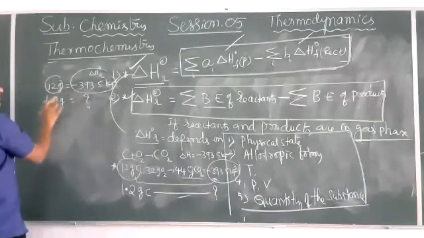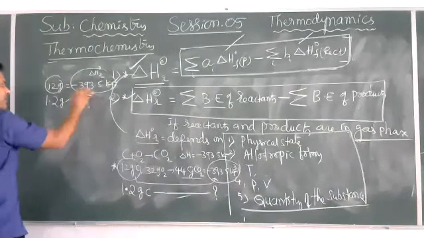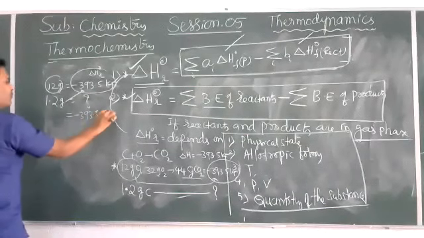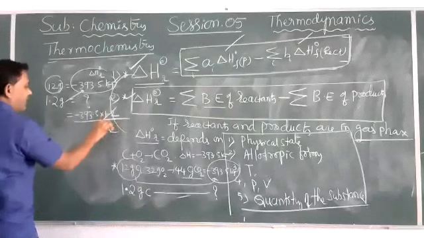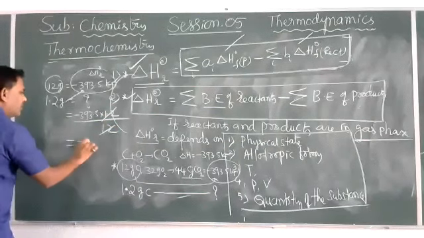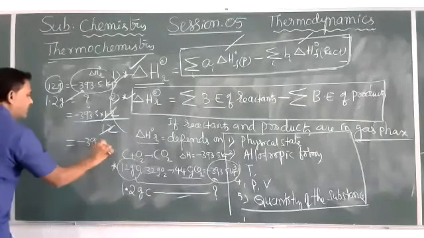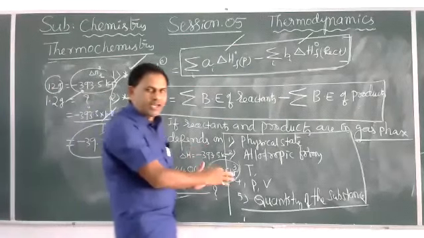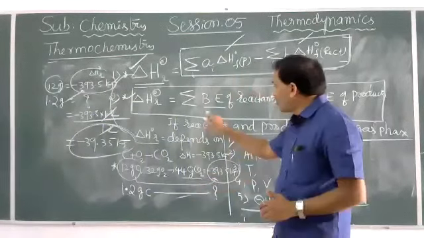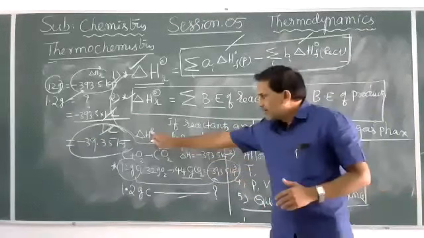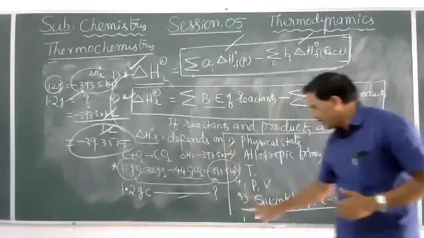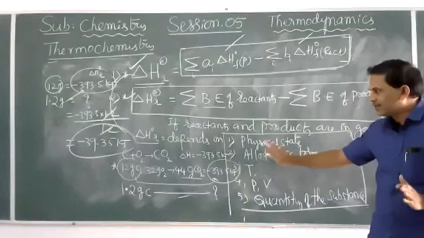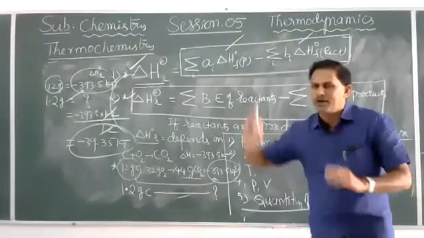For 12 grams this much, for 1.2 grams, cross multiply: 393.5 into 1.2 divided by 12, that is minus 39.35 kilojoules. The amount of heat liberated is less. So the delta H naught R value depends on quantity, like pressure, temperature, volume, allotropic forms. Physical state also affects delta H naught.